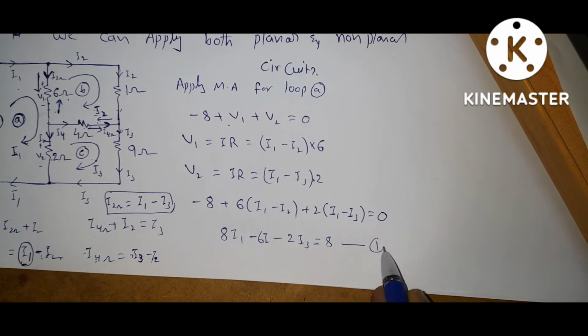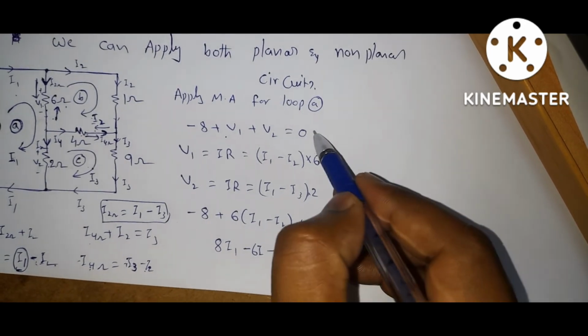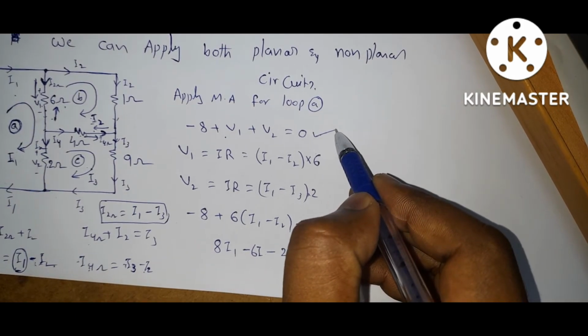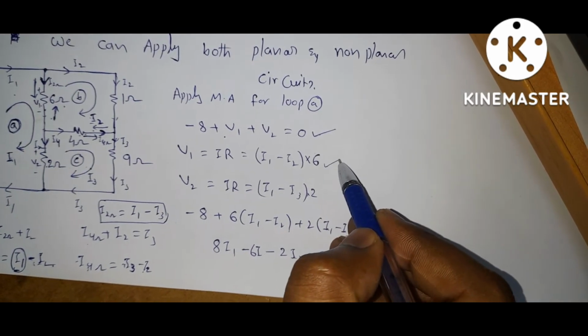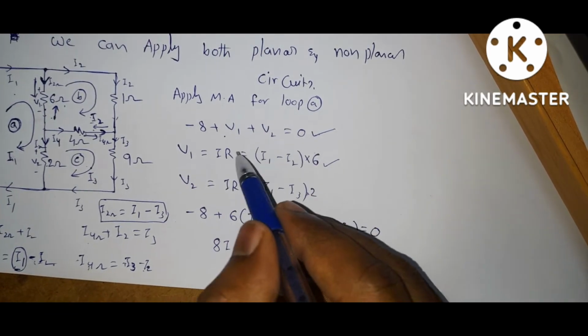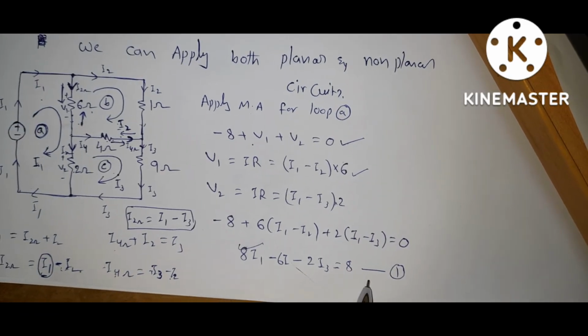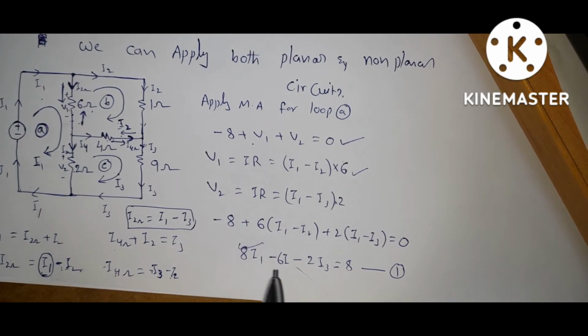This is equation 1. So here, by KVL we get this equation, and by Ohm's law we get this equation. That's why mesh analysis is called KVL plus Ohm's law. We can write this equation directly by using mesh analysis. I will show how.